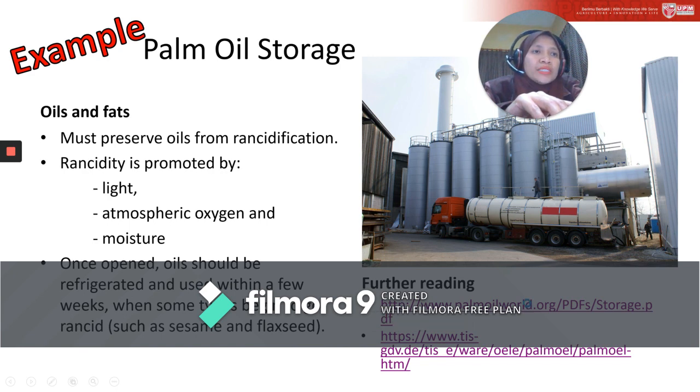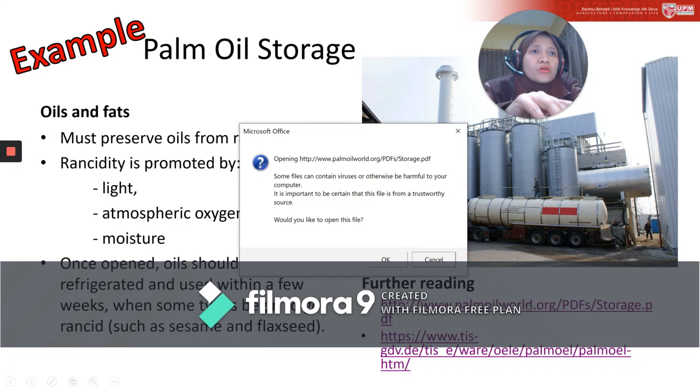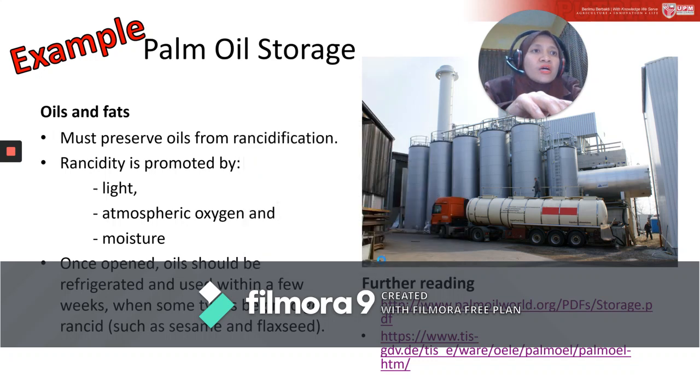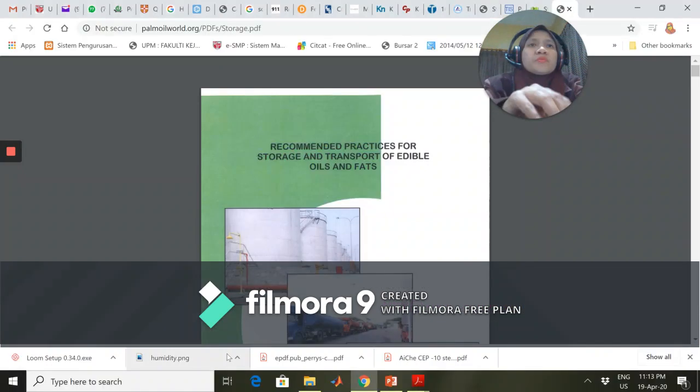For example, like this one, a very interesting document, and it contains a lot of palm oil data, the properties data. Where are you? I might need to escape from this PowerPoint.